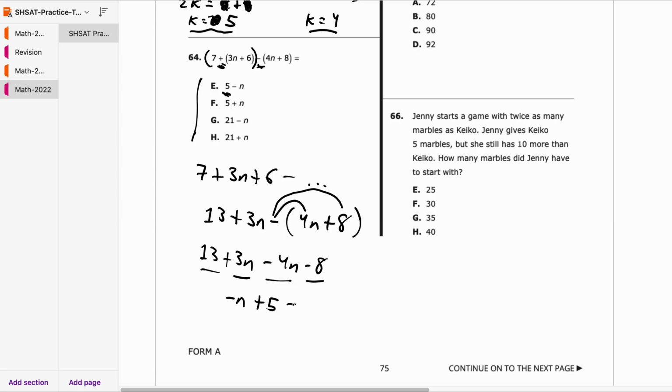So this is equivalent to 5 minus n, right? We're just rearranging the terms. Okay, so that would be E.